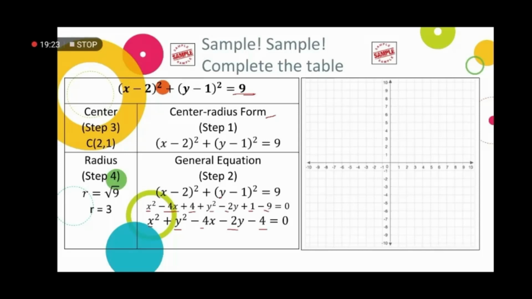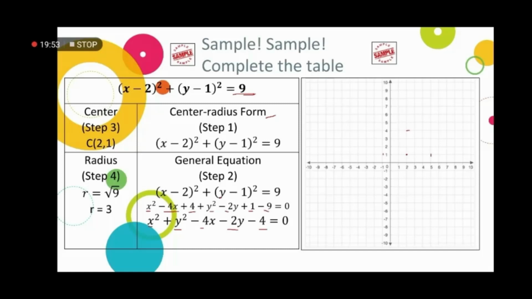So let's find the graph. First, find the center, 2, 1. So we will plot the center here. We have 3 units to the left, right, up, and down. So 3 units to the left, 1, 2, 3. 1, 2, 3. 1, 2, 3.